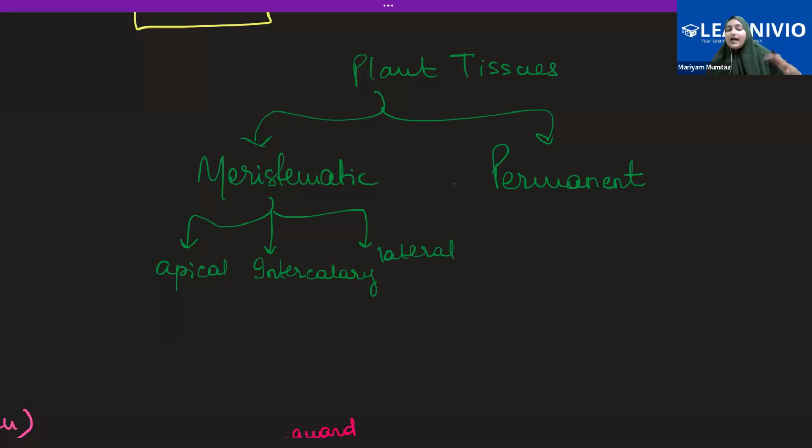So these three are the meristematic tissues of the plant. They are always dividing. Apical meristem is responsible for the increase in the length of the plant. Intercalary is also responsible for increase in the length. And lateral meristem is responsible for the increase in the girth, the thickness of the plant.